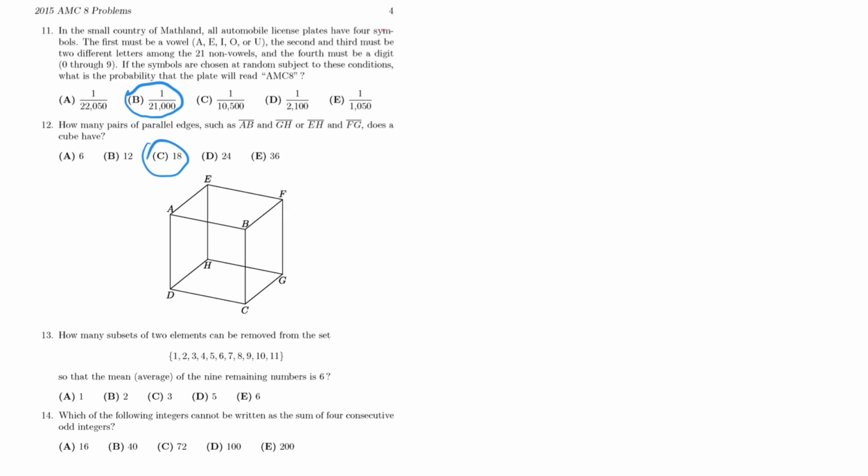Number 13. How many subsets of 2 elements can be removed from the set so that the mean of the 9 remaining numbers is 6? So the sum of the 11 numbers is 1 plus 11 times the number of numbers, 11, divided by 2.